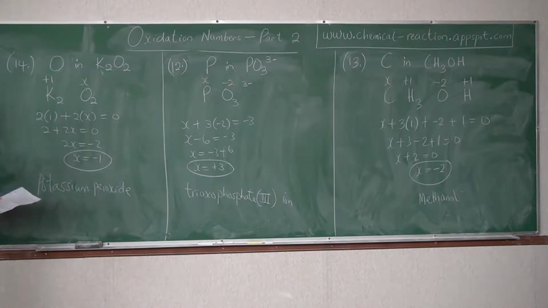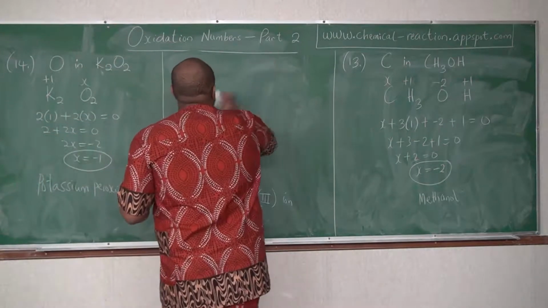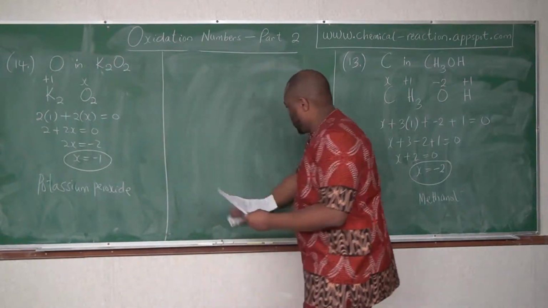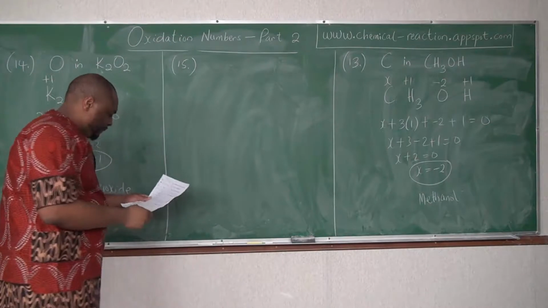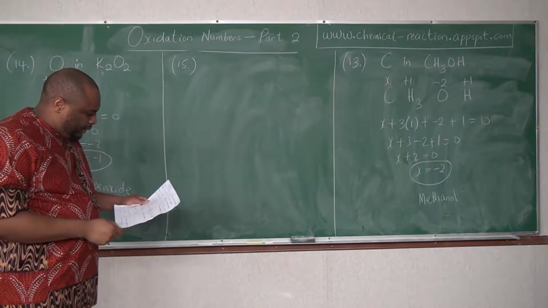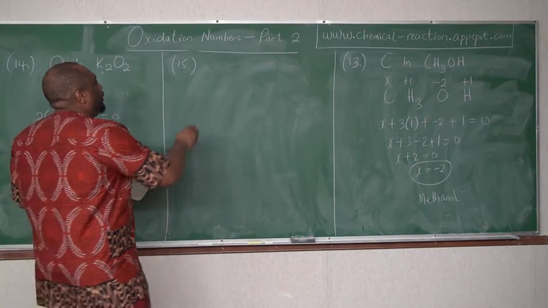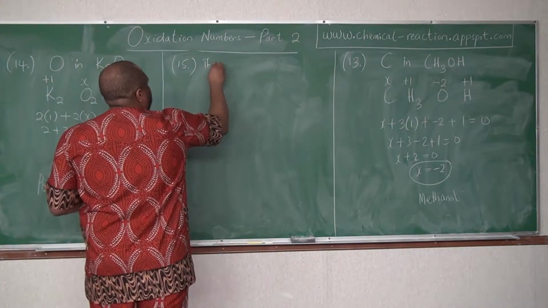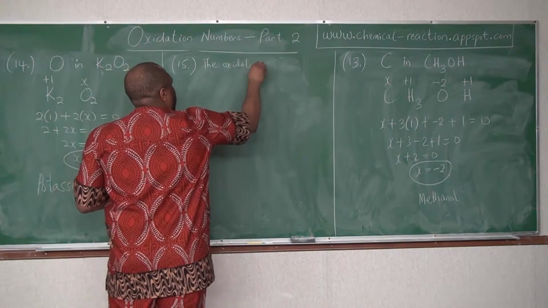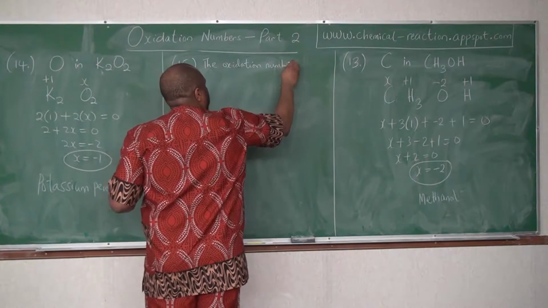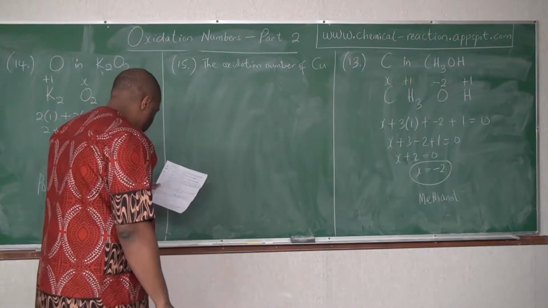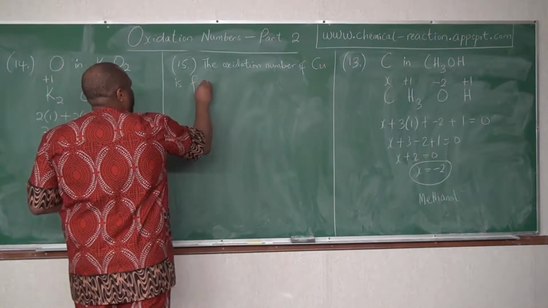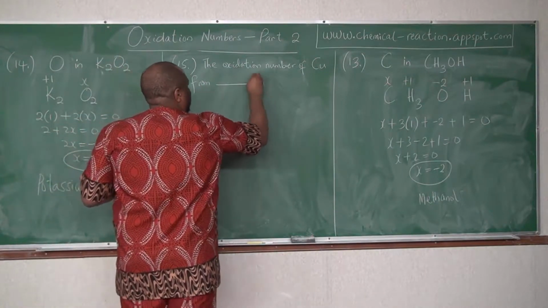Next one, question 15. It says the oxidation number of copper is from dash to dash.